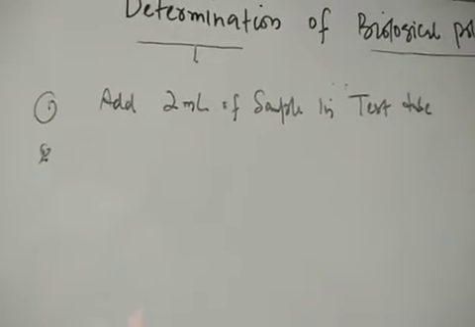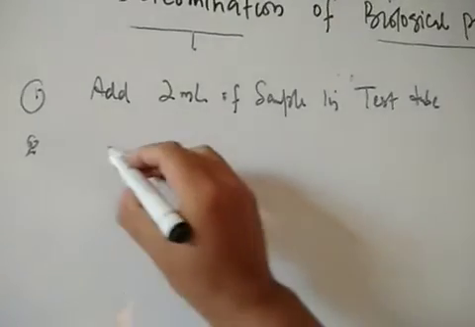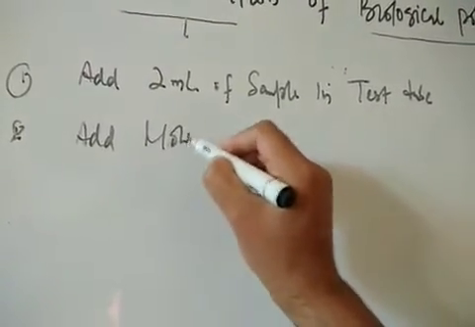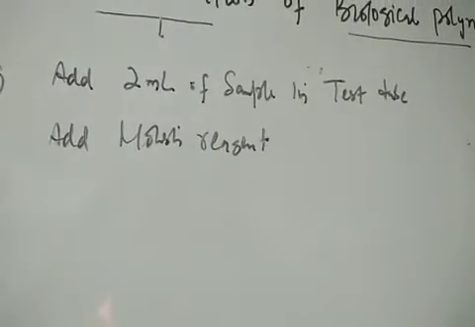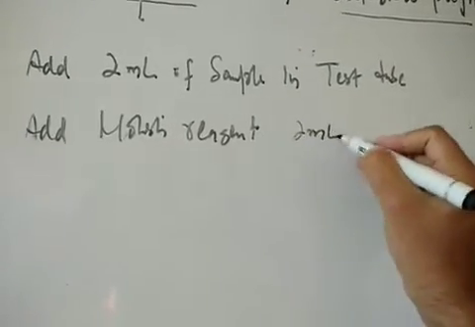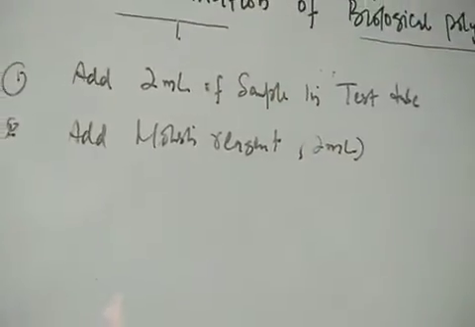And the step number 2. To this add Molisch reagent. ठीक, how much Molisch reagent? Take 2 ml of the Molisch reagent. So take these 2 ml and then add to this test tube, sample test tube.